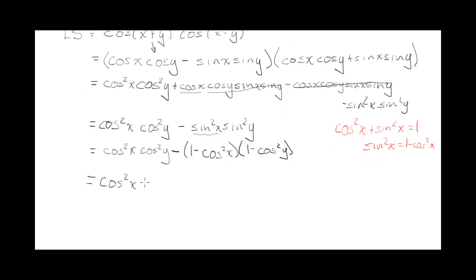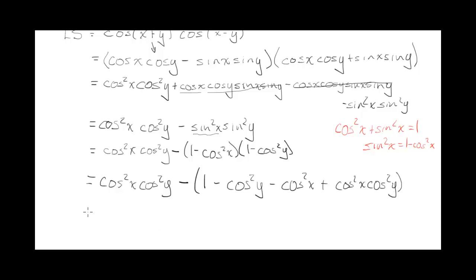Cosine squared x cosine squared y, minus the bracket: 1 minus cosine squared y minus cosine squared x plus cosine squared x cosine squared y.